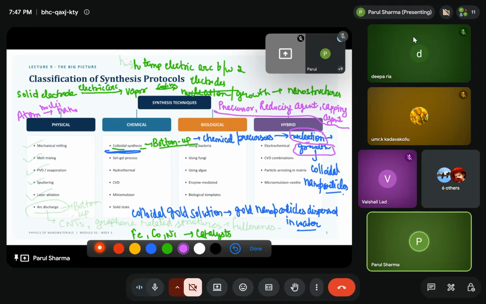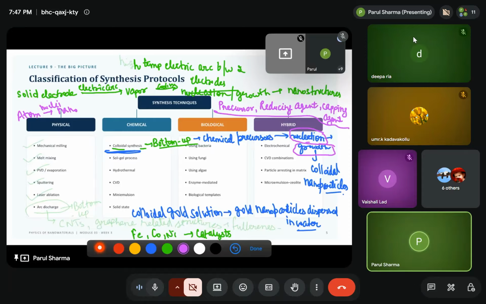The temperature also plays an important role in colloidal synthesis. If we increase the temperature, it can affect the reduction rate, diffusion, nucleation, and growth. Depending upon these reaction conditions, we can obtain the nanospheres.